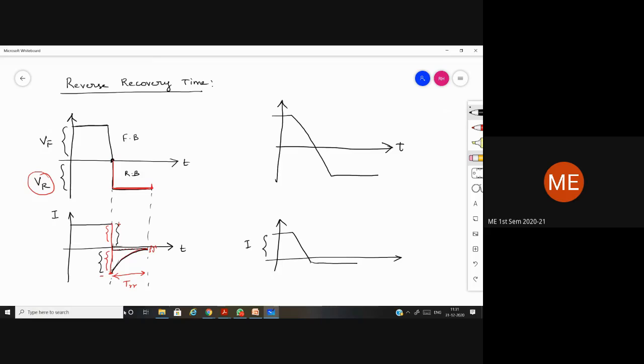This is the forward current, this is the forward voltage, and this is the time. This is forward bias, this is the reverse bias.